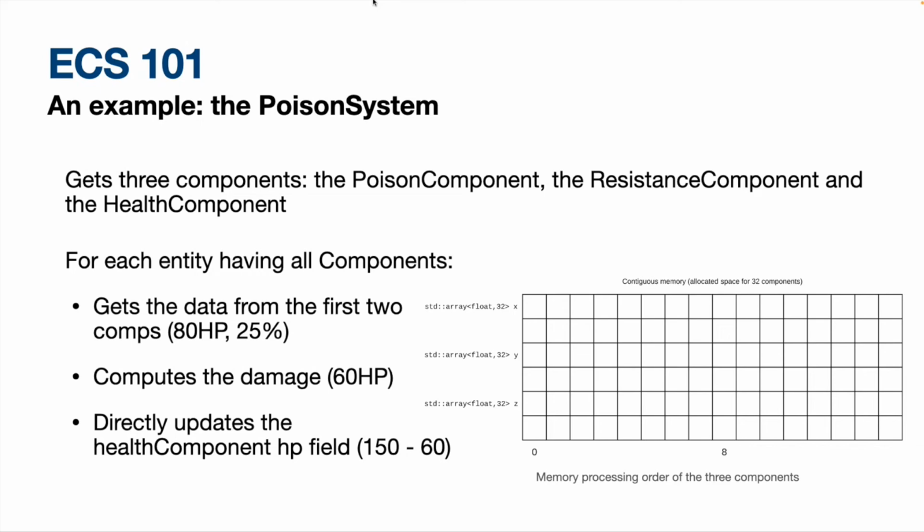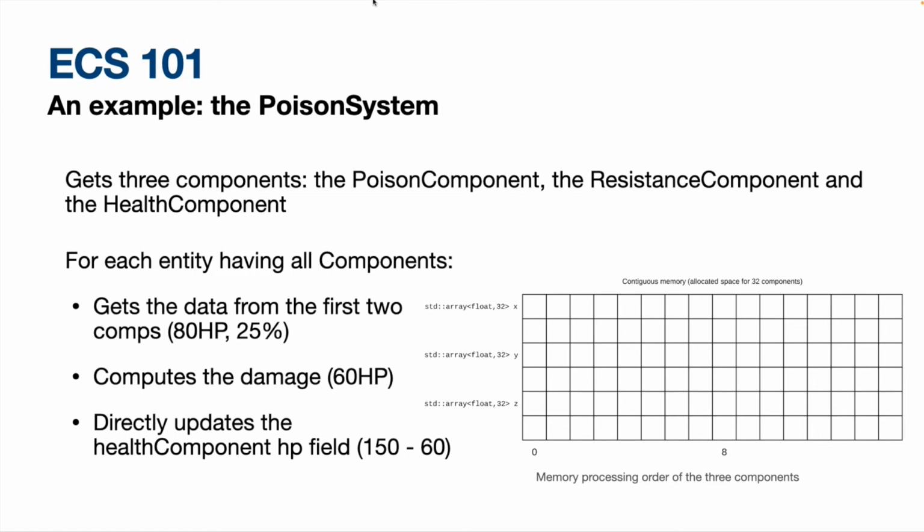It gets 3 components. 2 of them will be the input ones, poison and resistance, and the output will be stored in the F component. Then what it just asks is: someone provide me all the entities that have these 3 components, all these 3. For any one of them, it gets the data, computes the damage, then updates the F component.